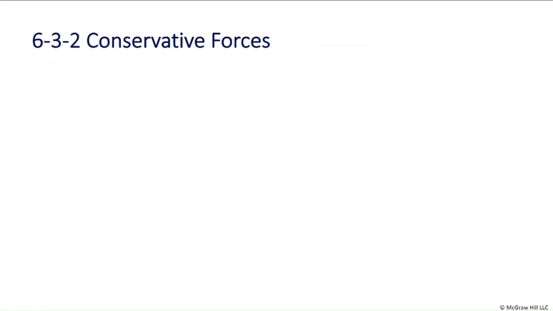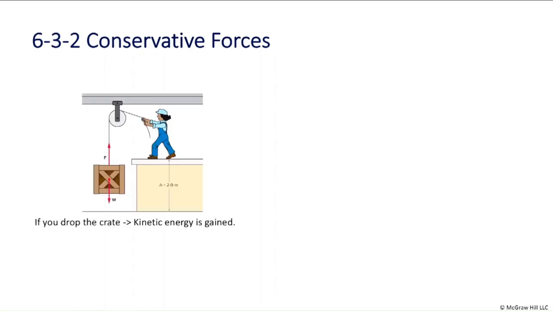Now before we move into the next section, let's talk about conservative forces. Remember the crate we lifted to learn about gravitational potential energy. When we let go, it accelerates downwards. As it falls, it loses potential energy and gains kinetic energy. And the same idea applies to a spring.